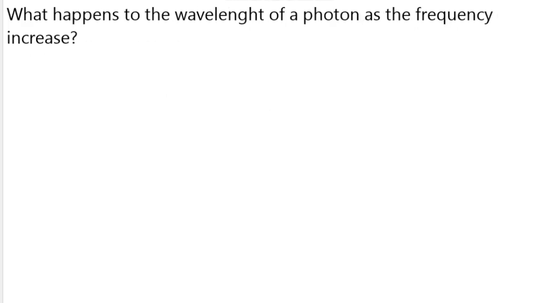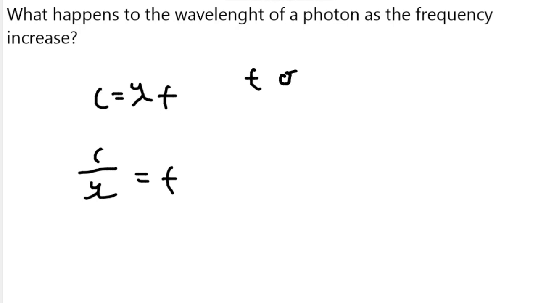What happens to the wavelength of the photon as the frequency increases? As we look at our equation, it's the speed of light times the frequency. We have the speed of light here because electromagnetic radiations, or electromagnetic waves, always travel at the speed of light.